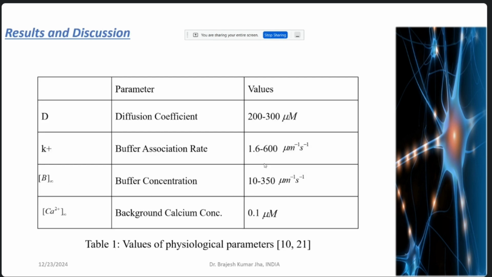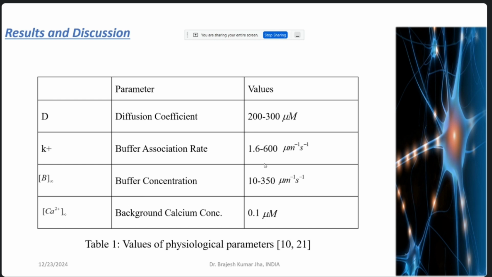The values are taken from the literature. Here you can see the buffer association rate 1.6 to 600 micrometer per second. The other value is 0.1 micrometer.